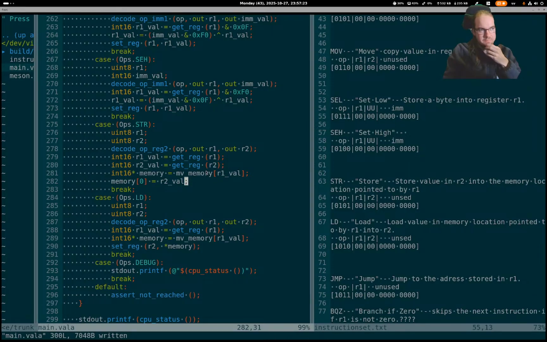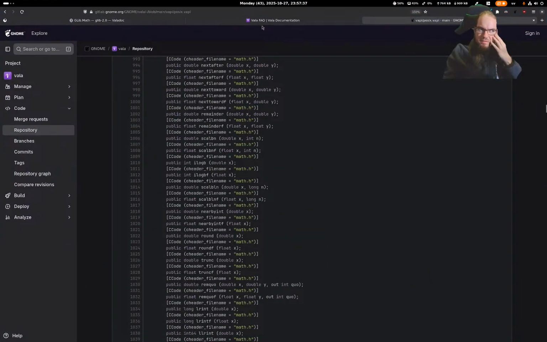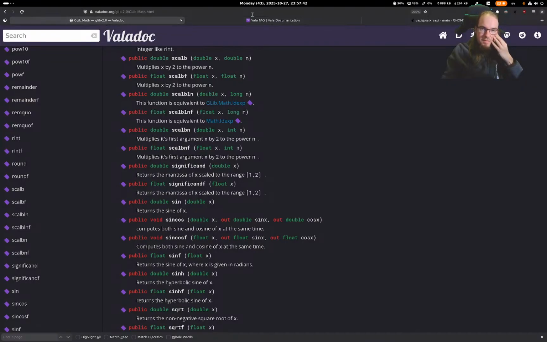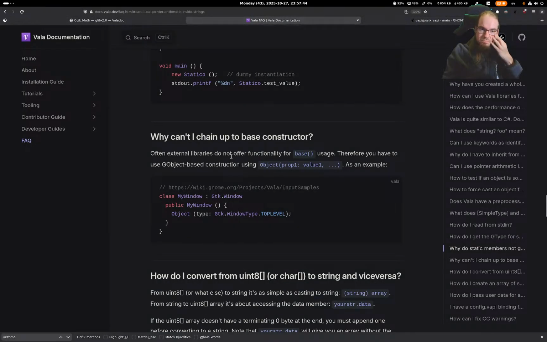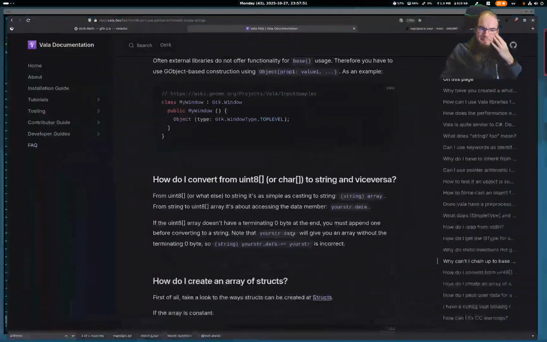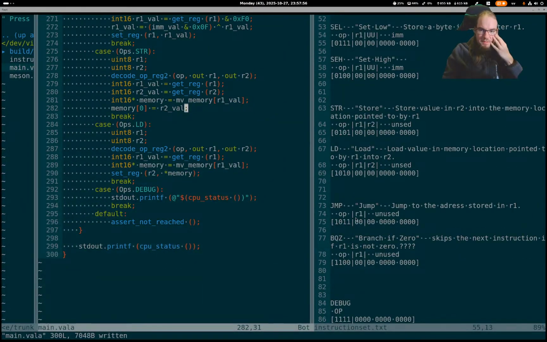Can we get an address of memory? What can we do with the address of the memory? What can we do with the address of memory? Anyway, jump.